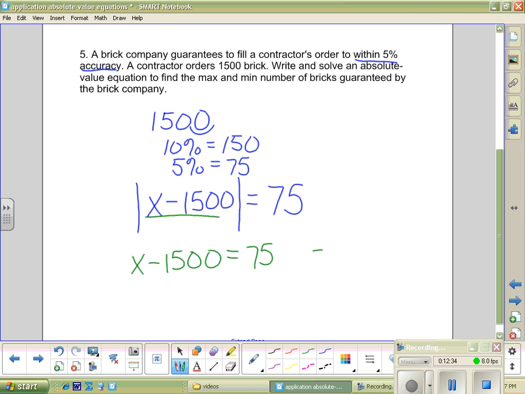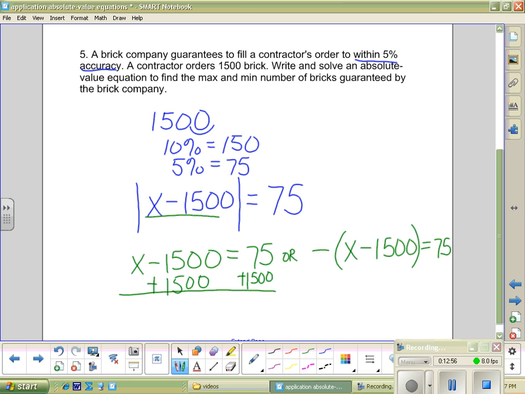And then we need the opposite, running out of room here. So we solve our two different situations here, and this is a little or. Okay, so add your 1,500 to both sides. And we end up with a max here of 1,575.